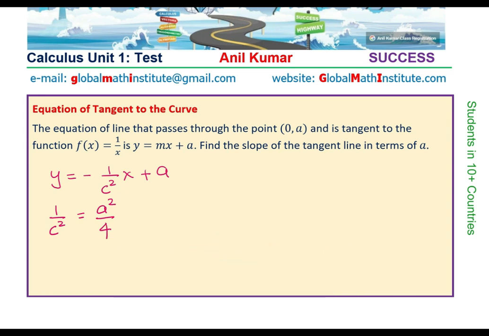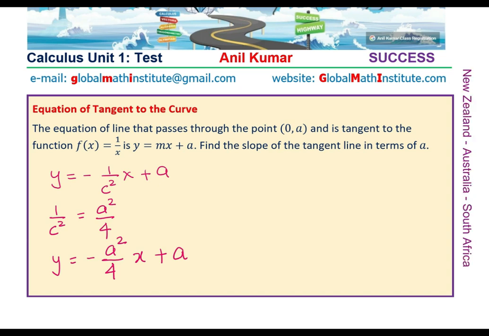Substituting this in our earlier equation, we can write down y equals minus a squared over 4 x plus a as the equation of the tangent line required in this particular case. So a could be any value, and we can get this kind of an equation.